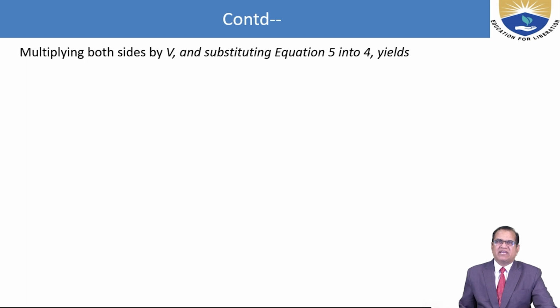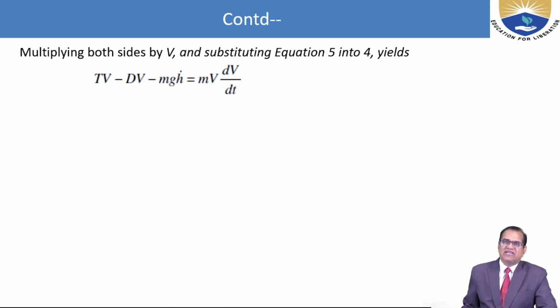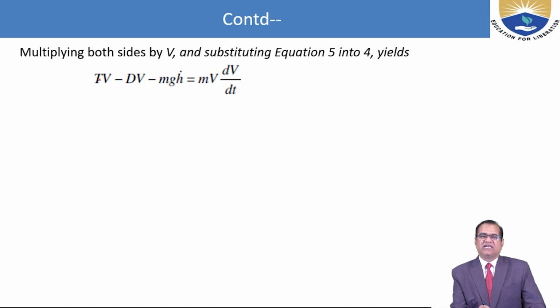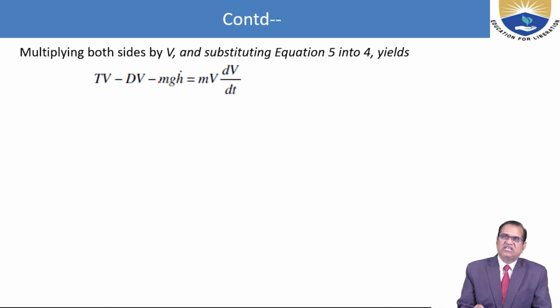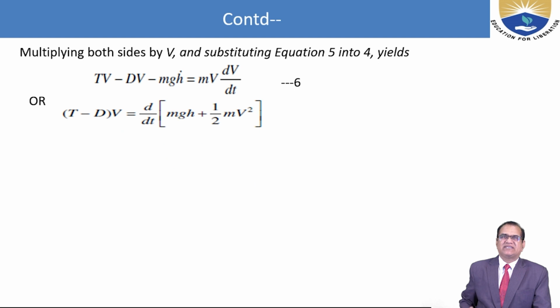Multiplying both sides by V and substituting equation 5 into 4, we get that if we multiply by V, TV minus DV is equal to mg h dot is equal to mV into dV by dt. We have multiplied by V. So here we will get that (T minus D) into V is equal to d by dt of (mgh plus half mV square).